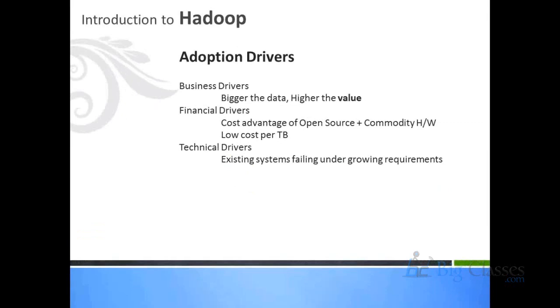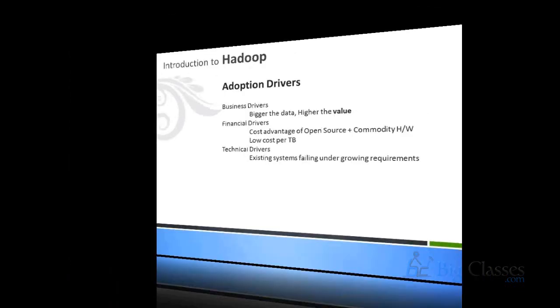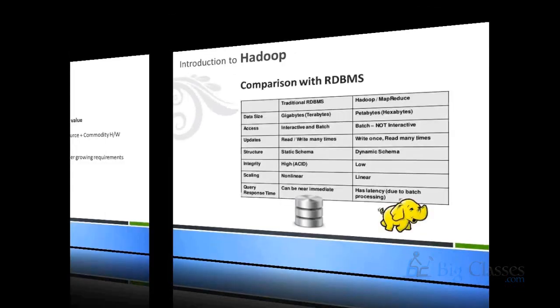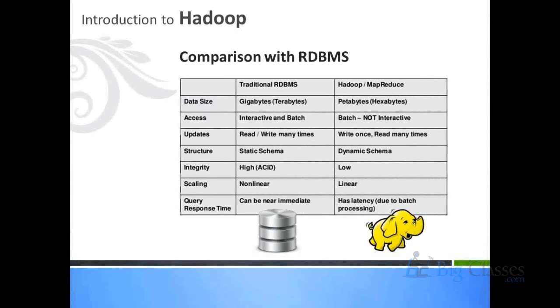We'll compare those with Hadoop. Most of the time it helps to understand by comparison, because traditional systems have been around for a while and most of us have some familiarity. Either you have deep expertise or you have heard high-level concepts. Comparing with a known system makes it very easy to understand a new system.